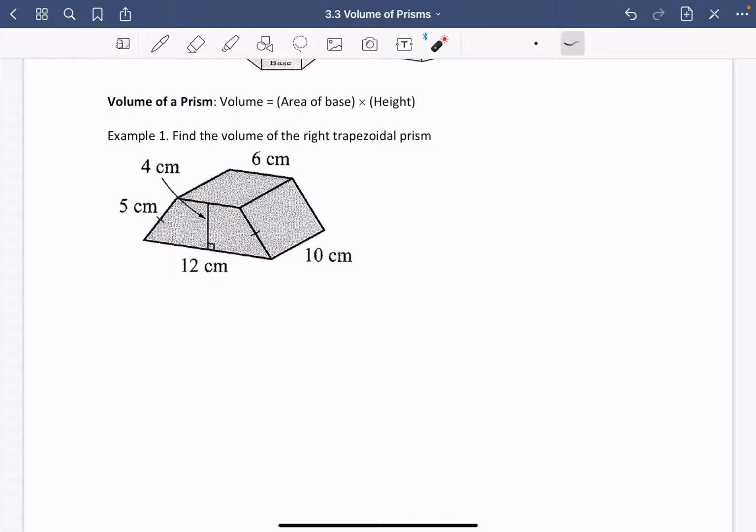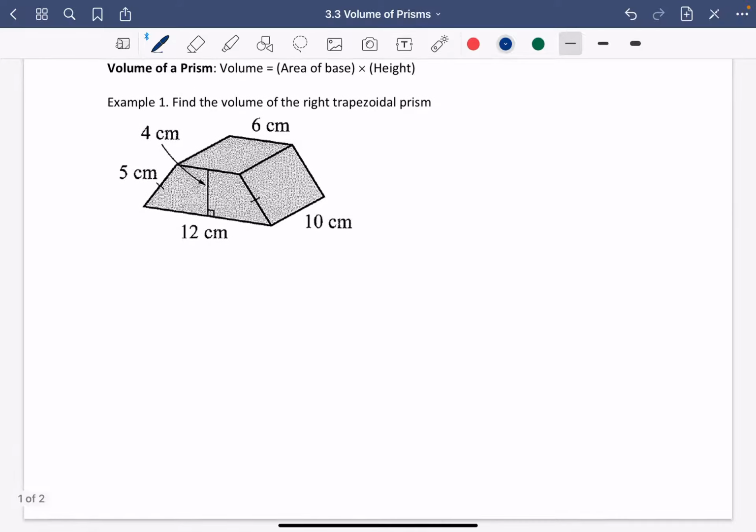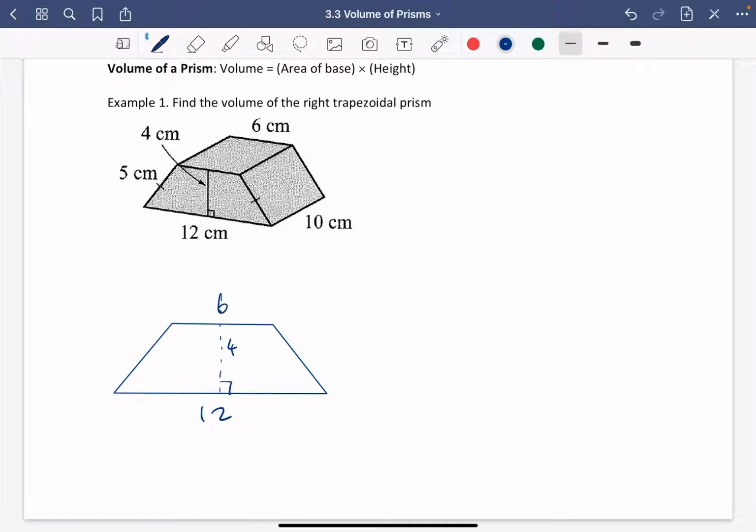Well, if you look at this trapezoid here, let me just draw that out. Okay, so the height here is 4, and the length is 12. Top length is 6, and then this side is 5.